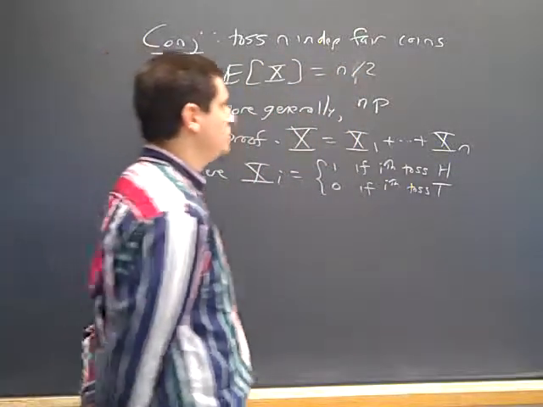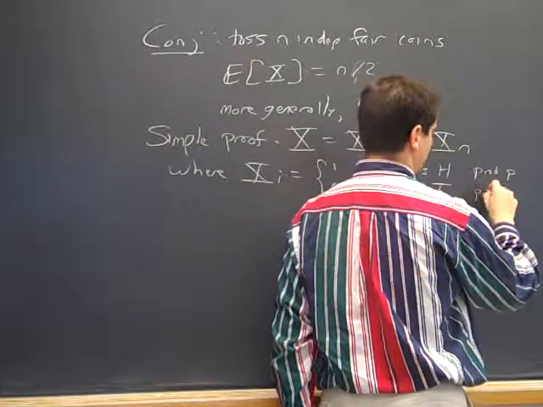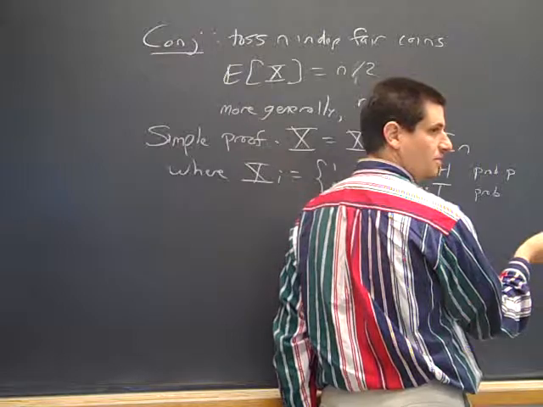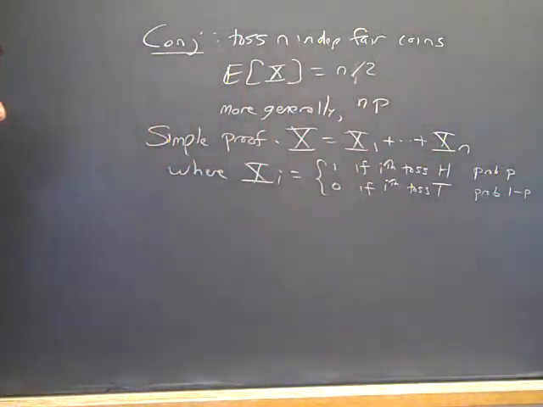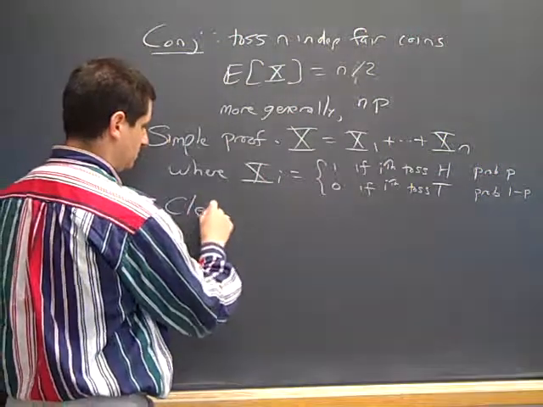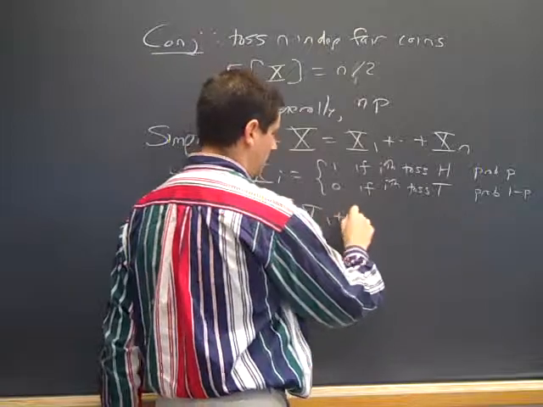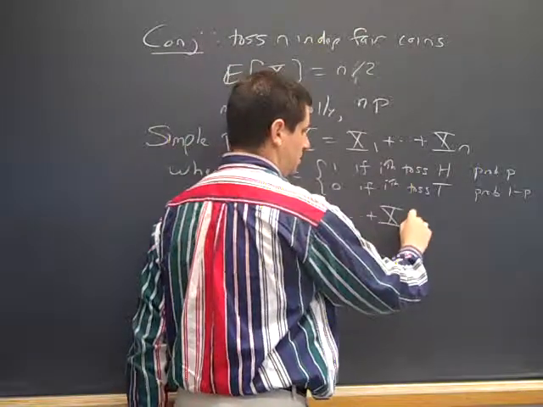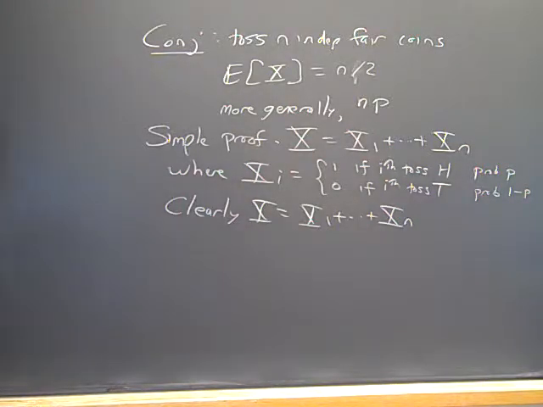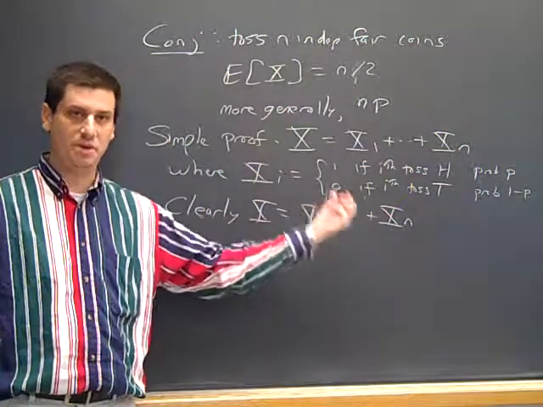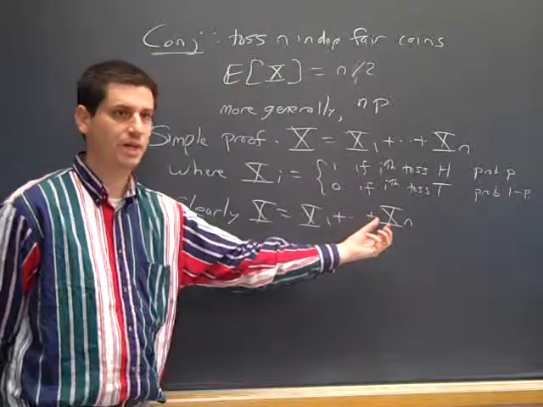And if you want, we can do this with probability p, and this would be probability what? 1 minus p. And so clearly, X is just X1 plus ... plus Xn. Right? The total number of heads is how many heads I get in the first toss plus how many heads on the second toss plus dot dot dot plus how many heads on the nth toss.